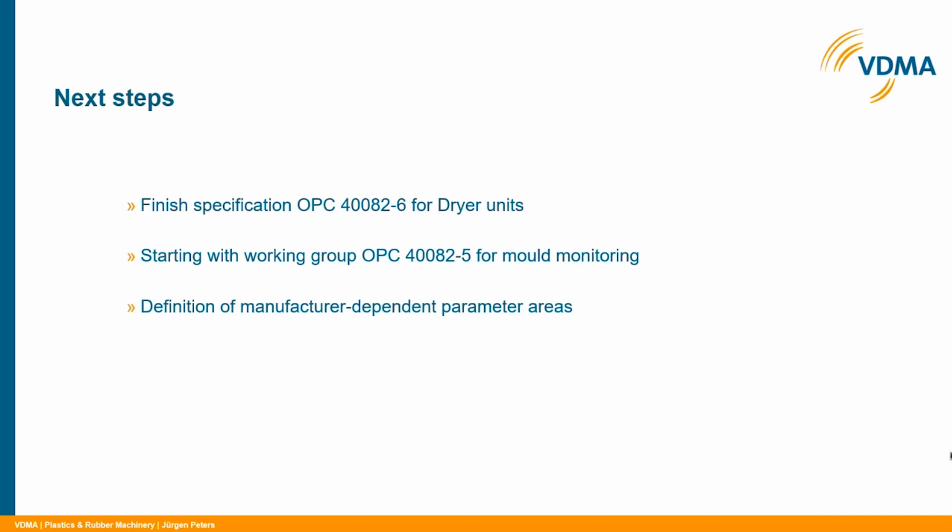And in coordination with suppliers and customers, we now want to start to define manufacturer-dependent parameter areas. Because not every supplier uses the same technology, the customer needs to configure parameters with special properties. Then our IMM controller can recognize the device type and show or hide these special parameters depending on the device type.